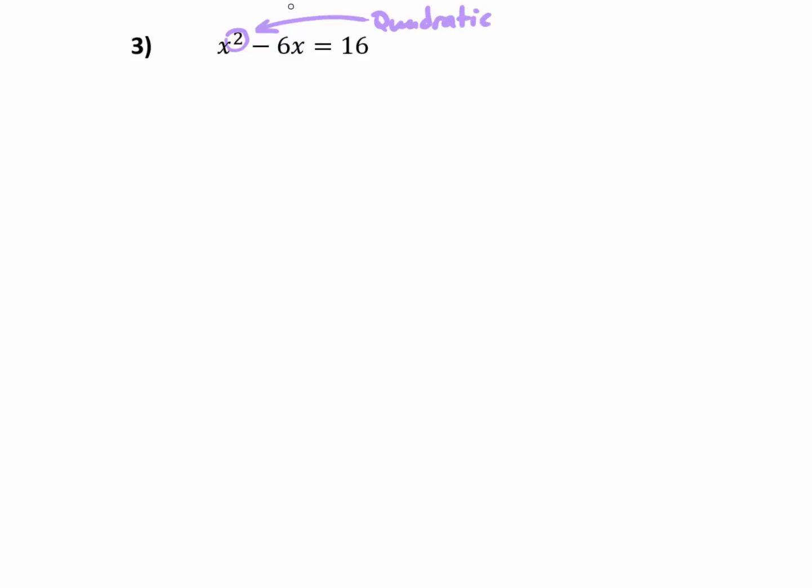Since it's an ABC quadratic, the first thing I need to do is get all the pieces together. That means moving the 16 over to the left-hand side. If we get it all together, we have a variety of tools that deal with ABC quadratics. So x squared minus 6x minus 16 is equal to 0.